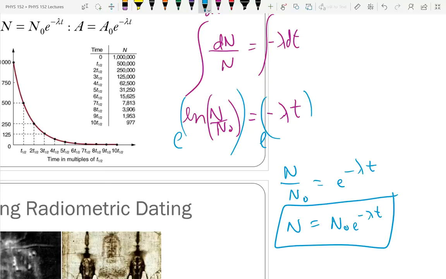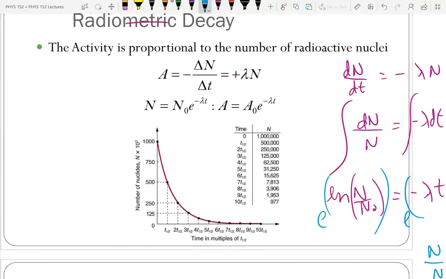Now, a couple other things. N is equal to N0 e to the minus lambda t, but activity is just a constant times N. If I multiply both sides of this equation by lambda, that gives me that equation. So what we're actually going to be measuring is the activity, how many decays per minute are occurring. And we're going to check out the graph.